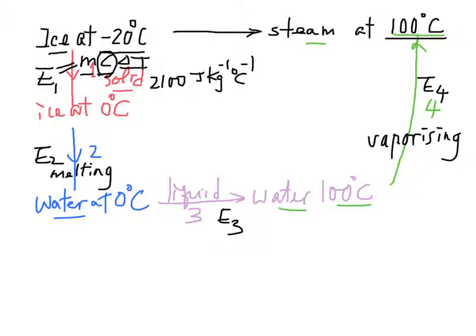Delta T is the change of temperature. In this case, it is equal to 0 minus negative 20, which is equal to 20 degrees Celsius.